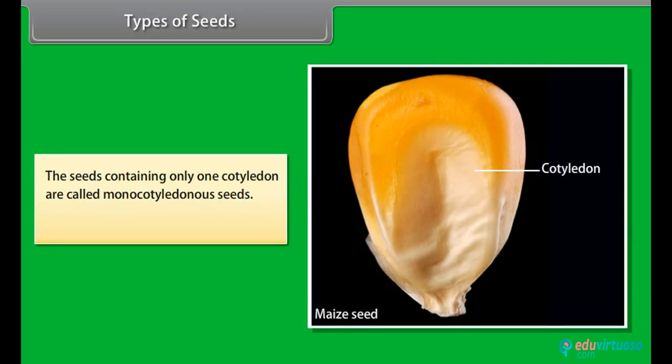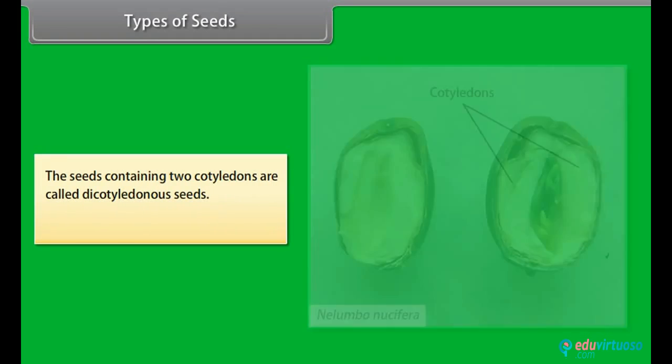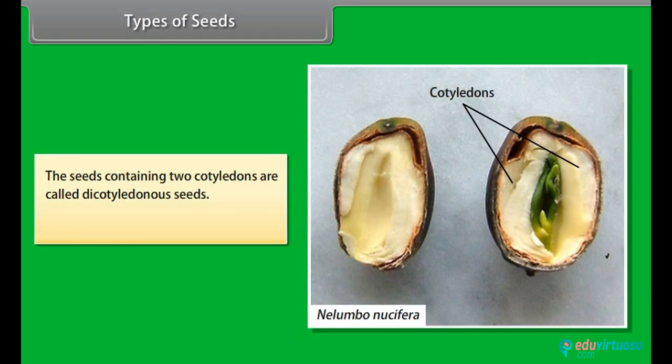The seeds containing only one cotyledon are called monocotyledonous seeds. Example, maize. The seeds containing two cotyledons are called dicotyledonous seeds. Example, Nelumbo nucifera.